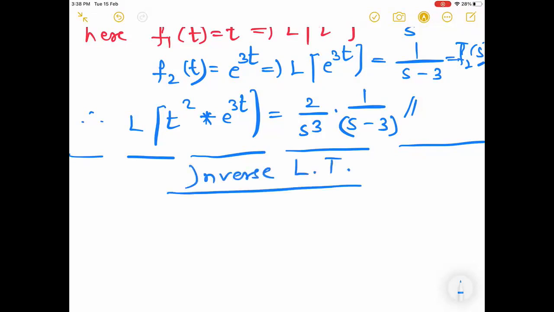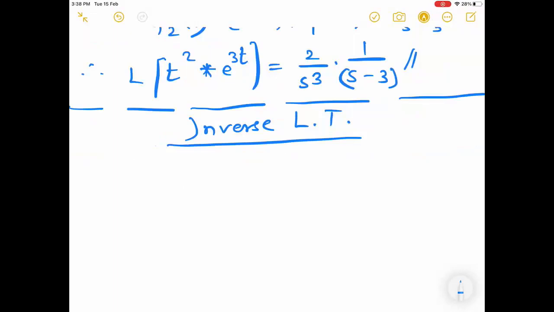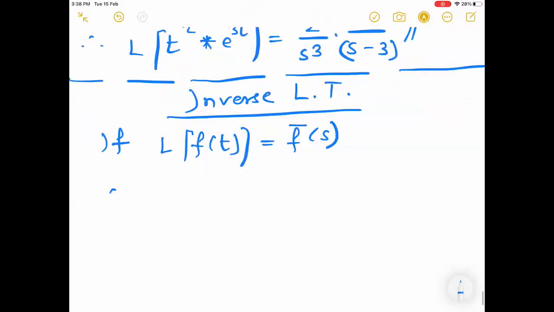Since the Laplace of f(t) is equal to f bar(s), when we take the inverse transform of f bar(s), it should give you the original function, that is a function of t. I hope you can understand this.